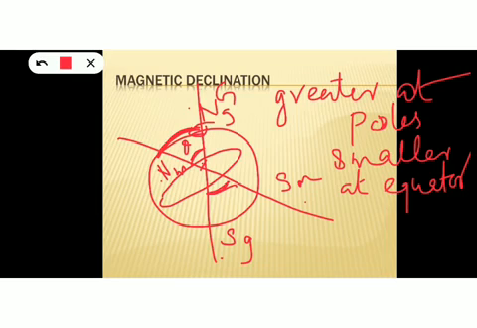India lies near equator, so for India, magnetic declination will be less because India lies near the equatorial region of the Earth. You must remember these two points. It's very important. Declination is greater at poles and smaller at equator.